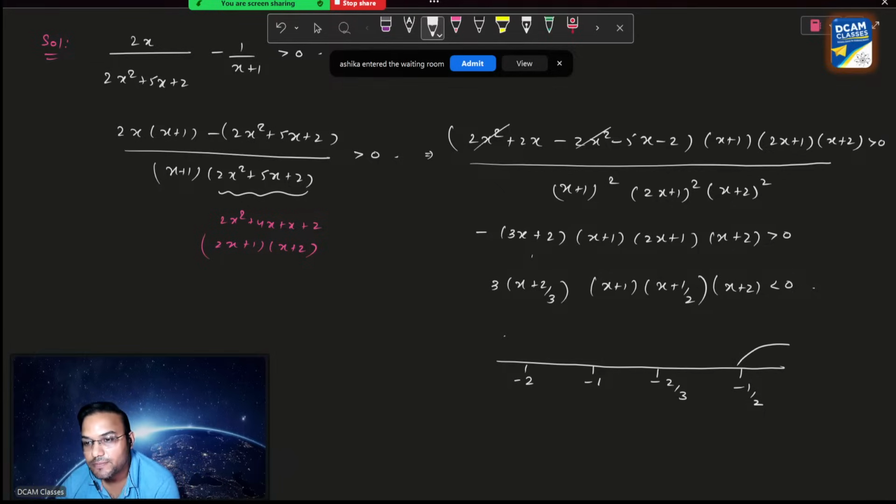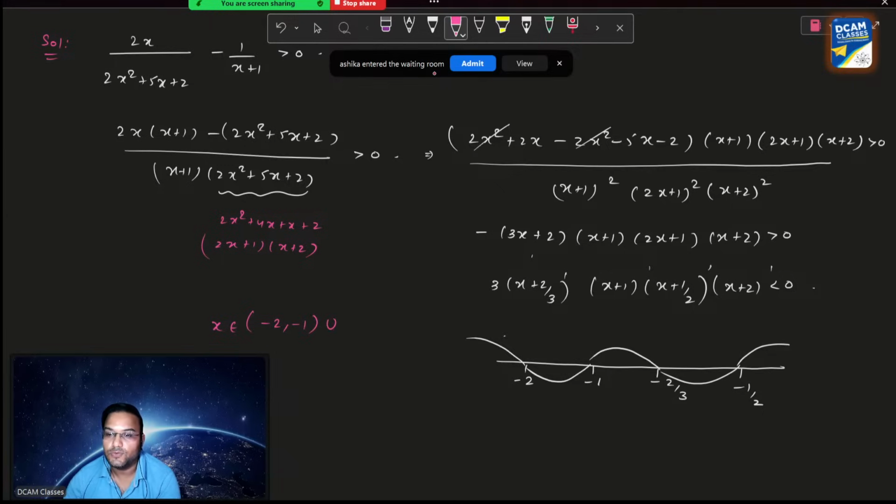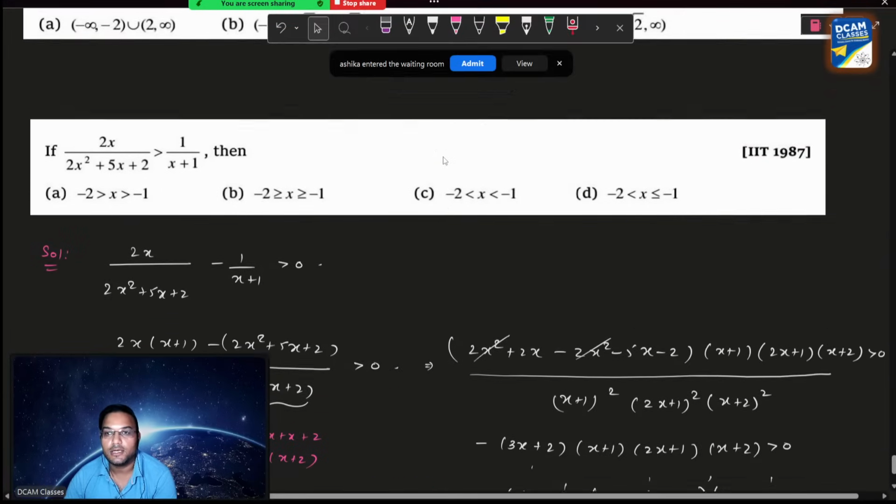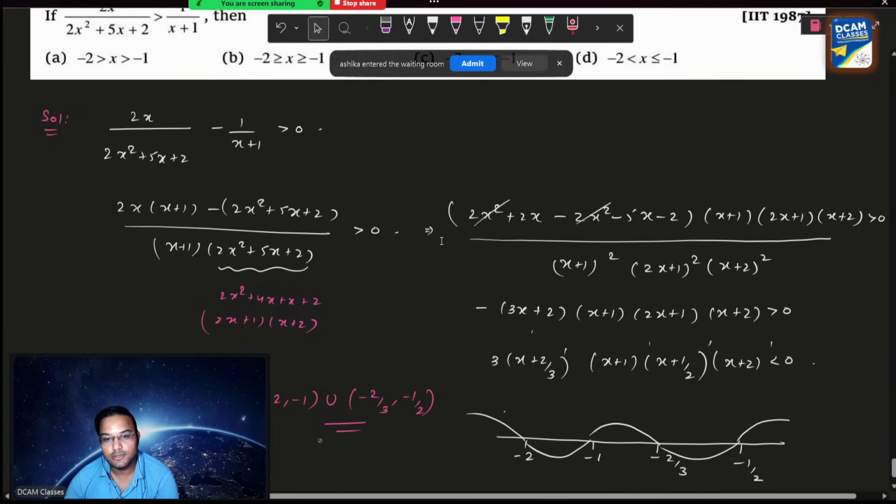Now draw the wavy curve, because all powers are odd: 1, 1, 1, 1. They want less than 0. So our x will belong to (minus 2, minus 1) union (minus 2 by 3, minus half). This is our answer. You should have solved it, but no answer matches.